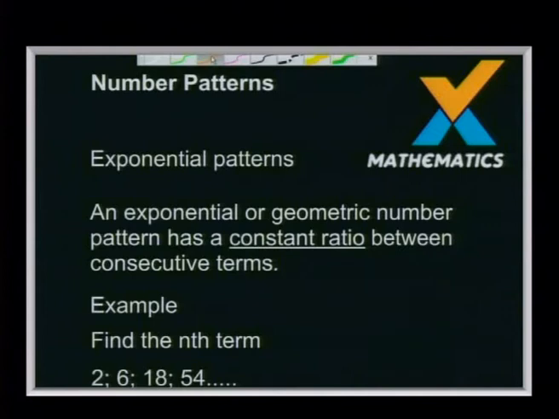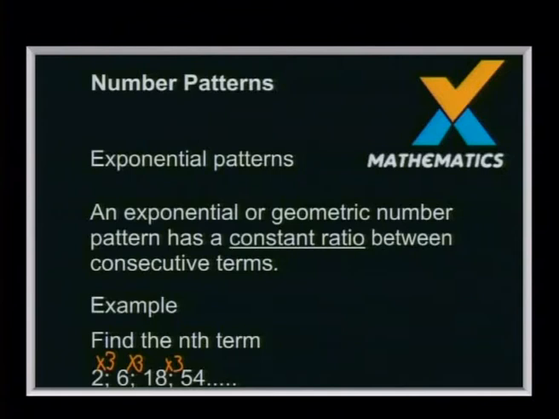It goes 2, then 6, then 18, then 54. Now, what I notice is that if I multiply 2 by 3, I get 6. If I multiply 6 by 3, I get 18. If I multiply 18 by 3, I get 54.